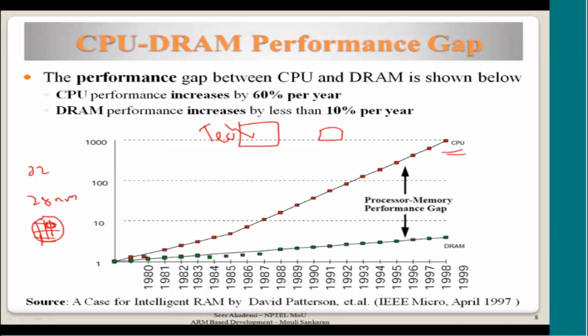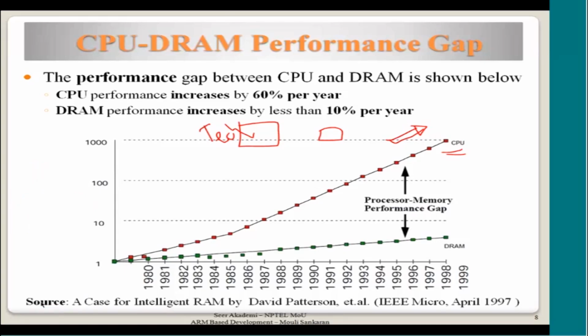As you go to lower technologies, we are able to keep millions, billions of transistors inside the chip. So complex circuitry, not only a single core but even multi-core processors, can be built into a single chip. Because of this, the CPU is going up in terms of performance. Processor architecture advancements as well as the technology both aid in improving the performance of the CPUs.